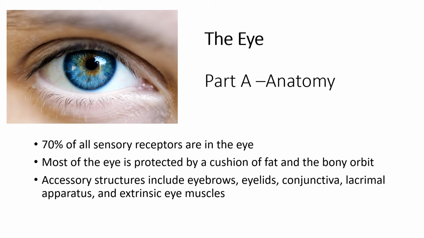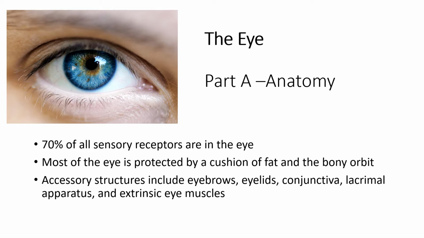I mean, compare it to the surface area of the skin. So why are there so many sensory receptors? It's because your eyes need to collect photons of light and build high definition, high resolution images of your surroundings. And that takes quite a lot of receptors, as we'll see.